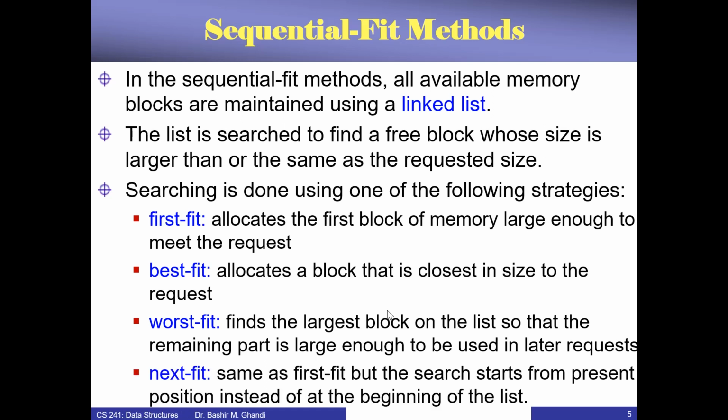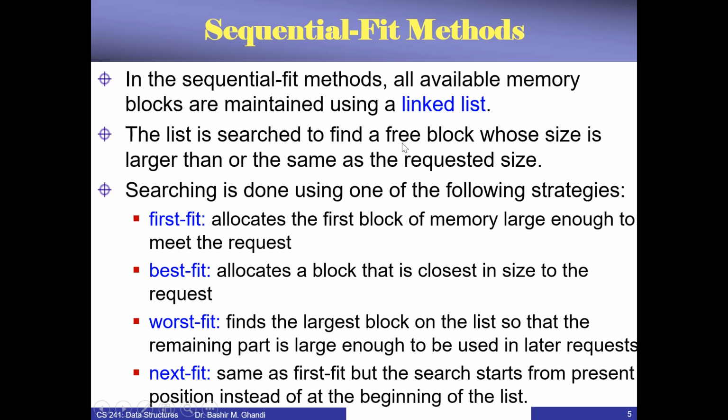And the last strategy is next fit. Next fit is the same as first fit, but the search starts from the present position instead of starting at the beginning of the list. So as the memory manager searches the list, for example, if it finds and allocates a block somewhere in the middle, it will have a pointer that remains at that middle and doesn't come back again.